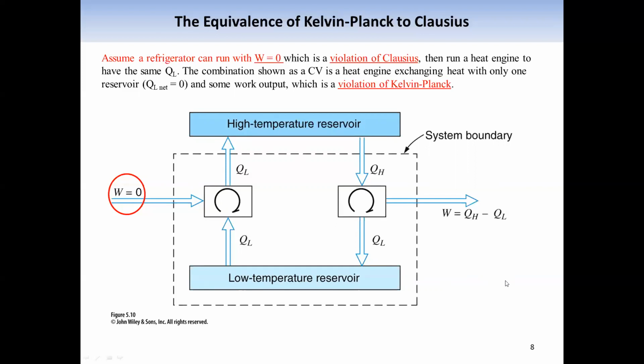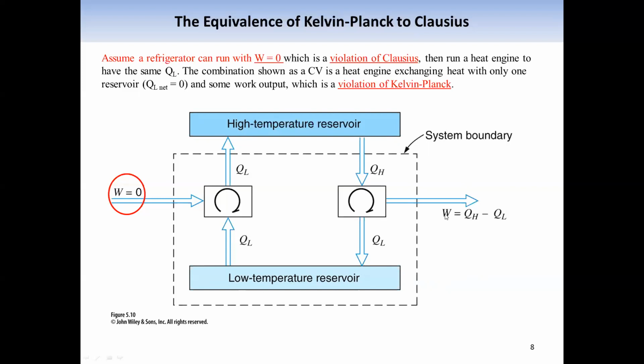By looking at this figure, if we combine a heat pump and a heat engine, and draw this dashed box as the control volume, and if we say the Clausius statement is no longer true, so we can run the system without work, then we have the equation W equals QH minus QL, and without W, that means W is 0.